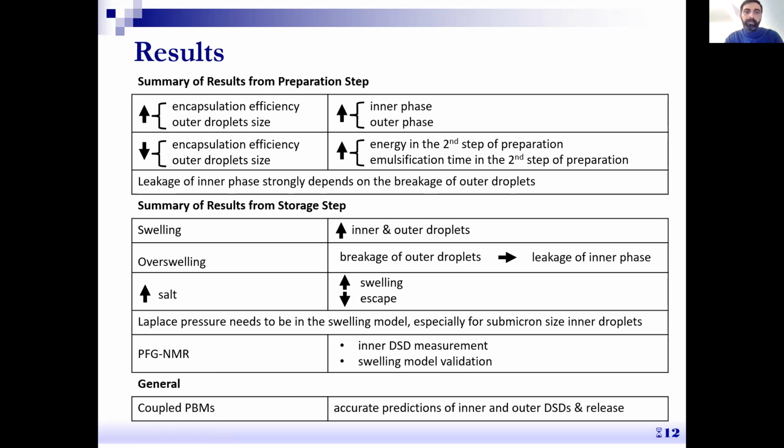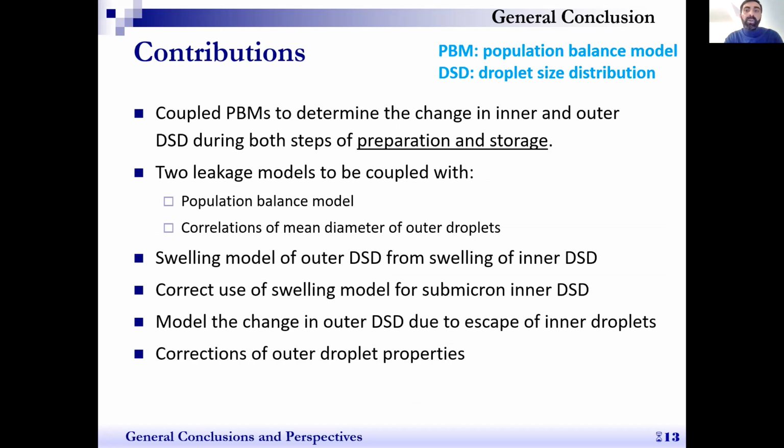The main contributions that we had in this work were introducing the coupled population balance equation and also proposing two leakage models, one for the population balance model and one for the coupling with correlation of mean diameter of outer droplets.